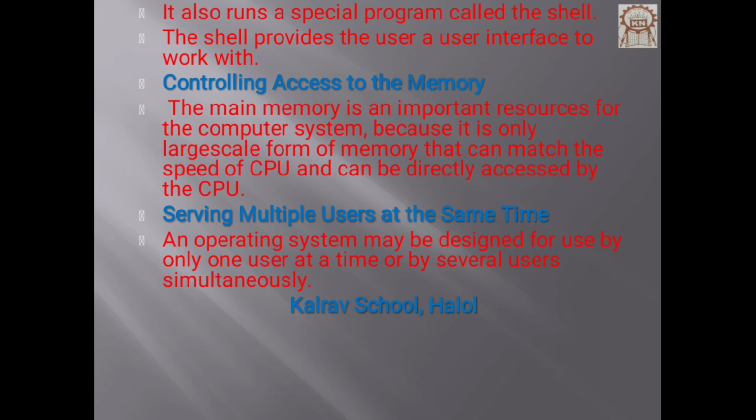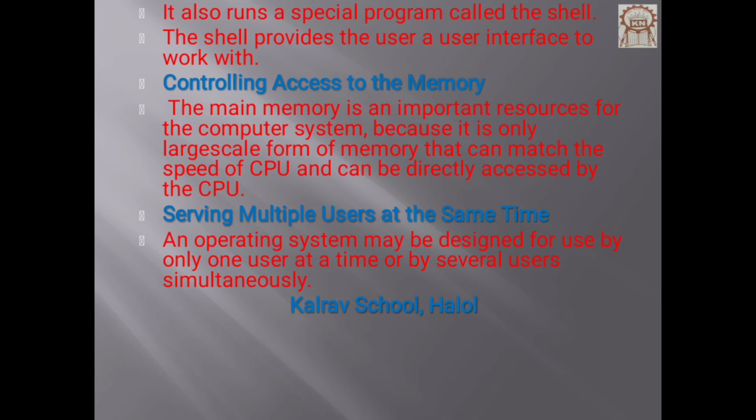Controlling access to memory. The main memory is an important resource for the computer system because it is the only large scale form of memory that can match the speed of the CPU and can be directly accessed by the CPU.